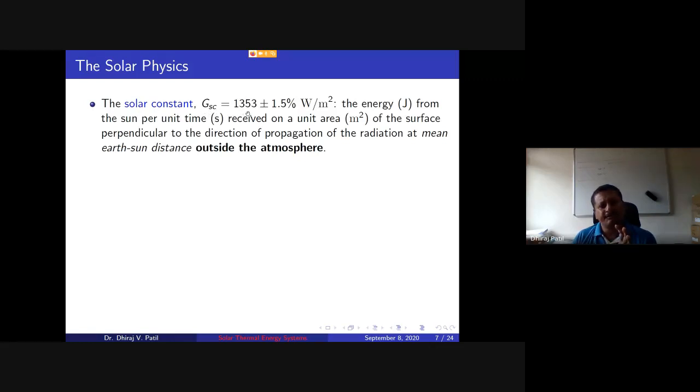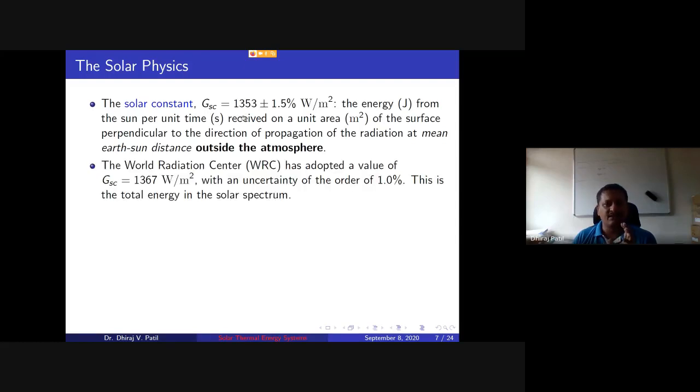It is diminishing because the core of the sun itself is diminishing, but that will take millions of years. The World Radiation Center, on the other hand, has adopted a value of 1367 watts per meter square, with an uncertainty of 1%.